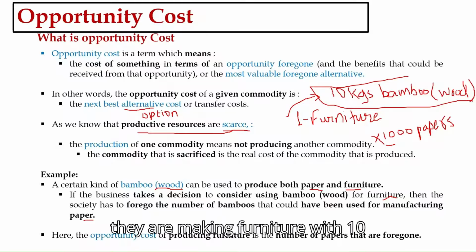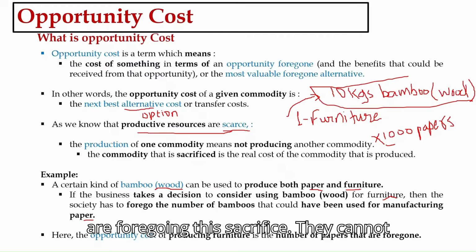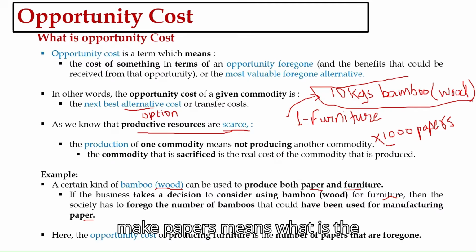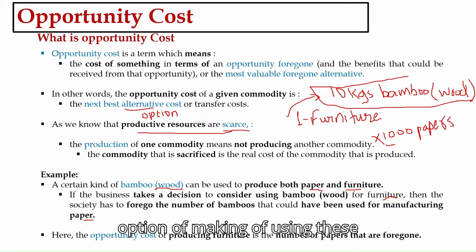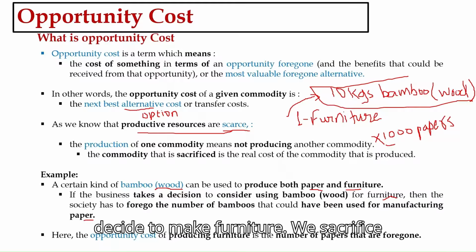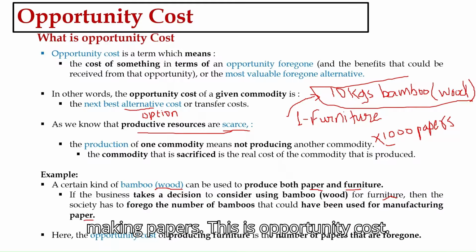They are foregoing, they sacrifice, they cannot make papers. What is the next alternative? The other option of using this bamboo is papers. So if we decide to make furniture, we sacrifice making papers.